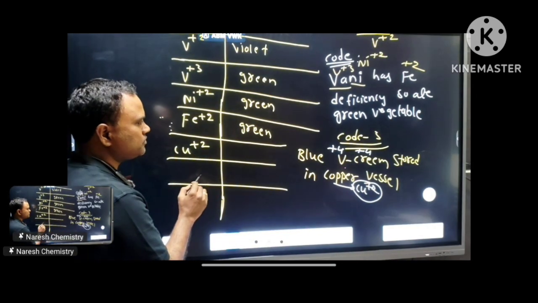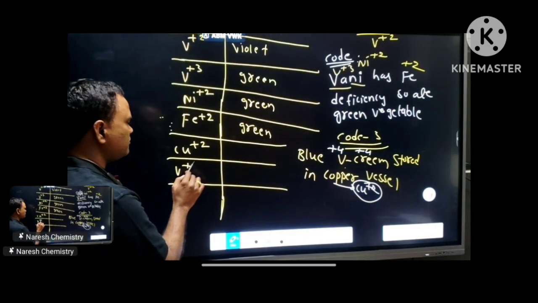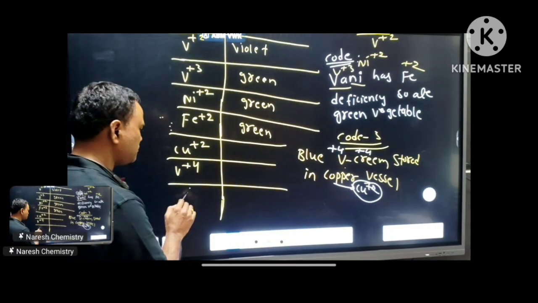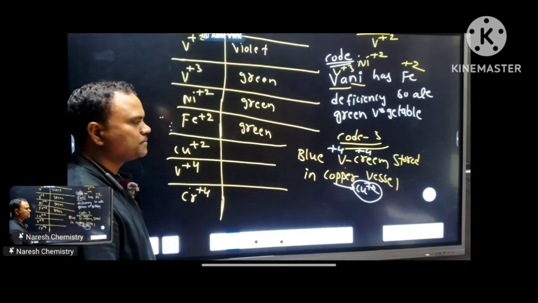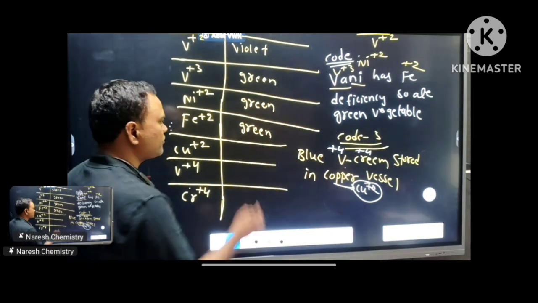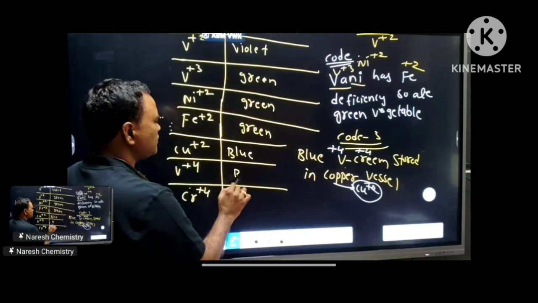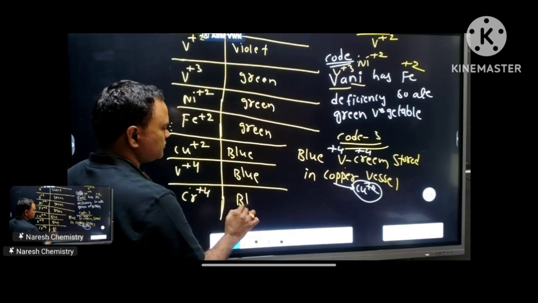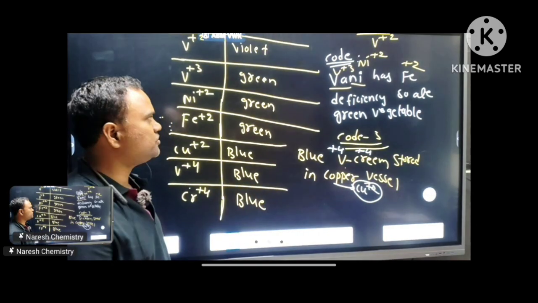Next, vanadium plus 4. Color is blue color. So these are enough. We have codes, right? Practice them and it is very easy to use.